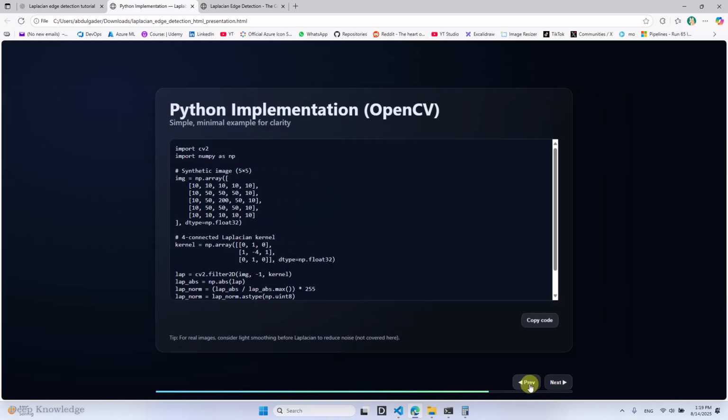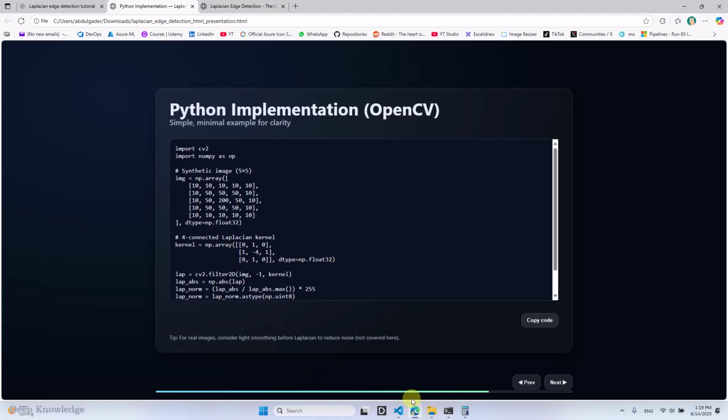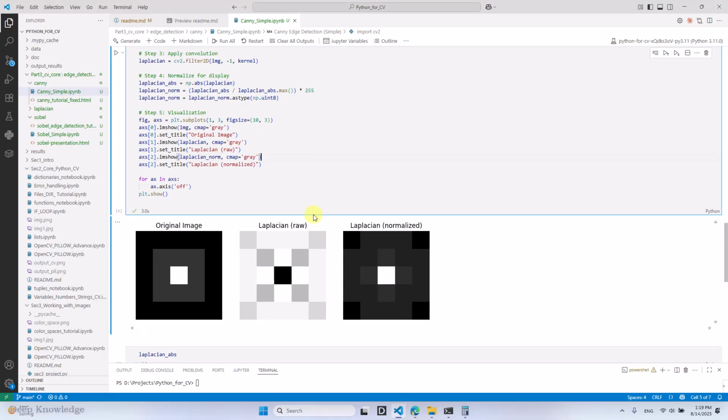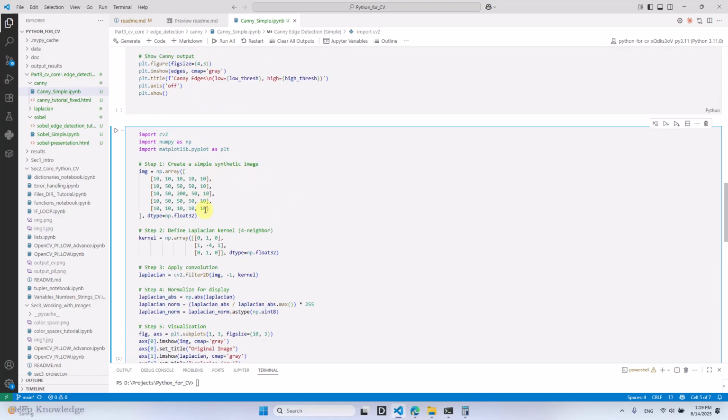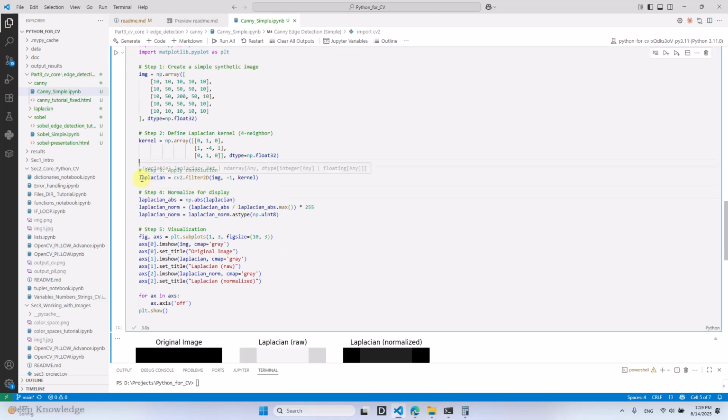And this is the Python code. You can see this is the same example we already used, and this is the filter we have. We saw how they got the filter. Now we apply the Laplacian filter, because these are 2D images.